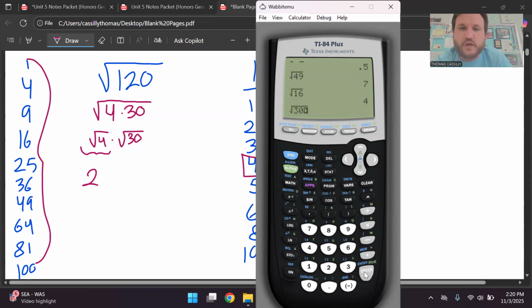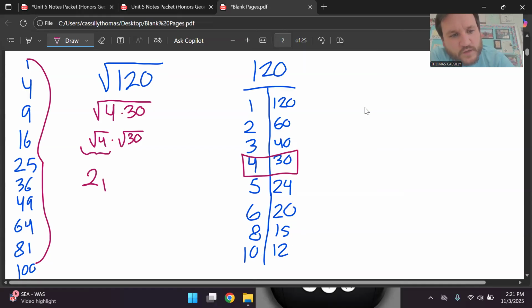We call these irrational numbers. This decimal will never repeat. We do not want that decimal because we're going to round it at some point, even if we take it all the way to the calculator. The calculator does round it eventually. We don't want to do that. So I'm going to leave this as 2 times the square root of 30. And this is what we call a simplified radical.